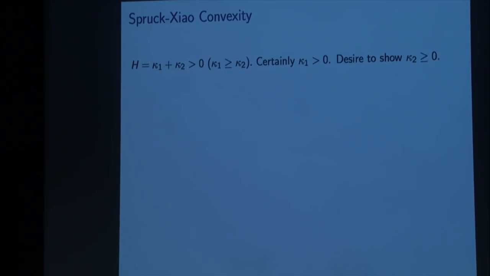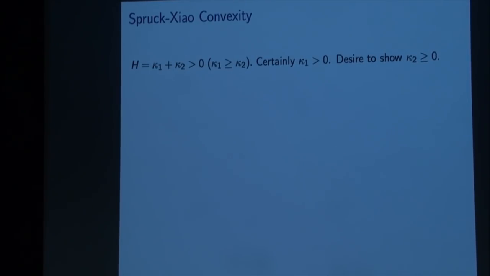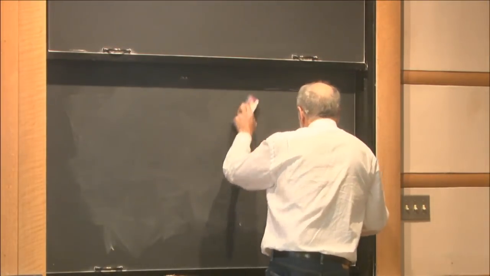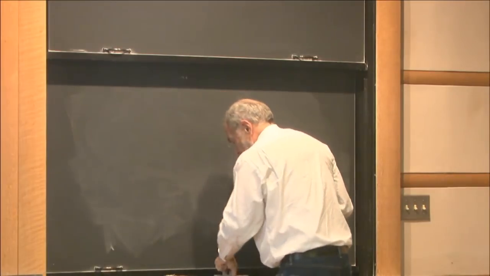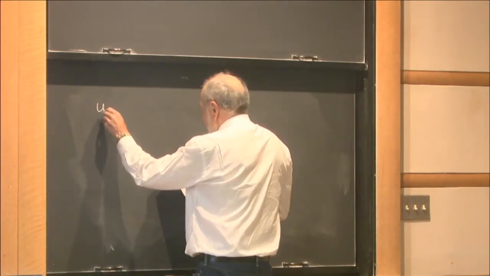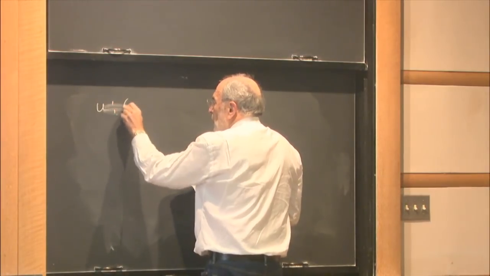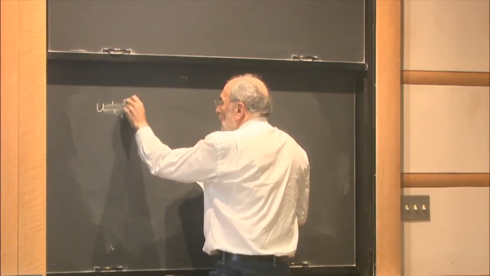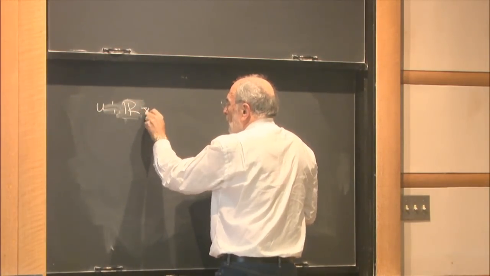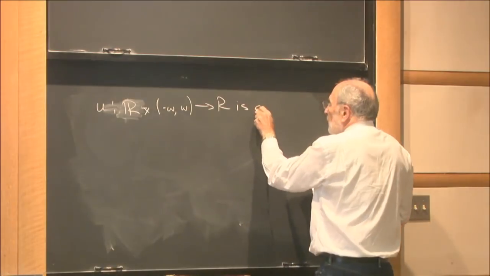So maybe after doing all that, well, I think I can do it on blackboards. Okay, so let's say u of xy is a translating graph.